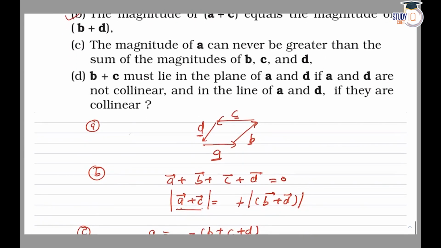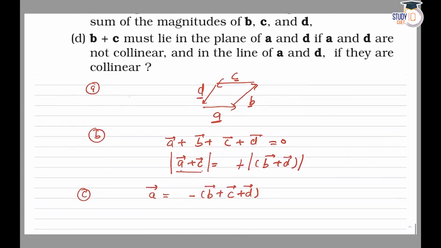A vector is equal to minus of B plus C plus D. Now taking magnitude on both sides, we have magnitude of A is equal to magnitude of B plus C plus D.